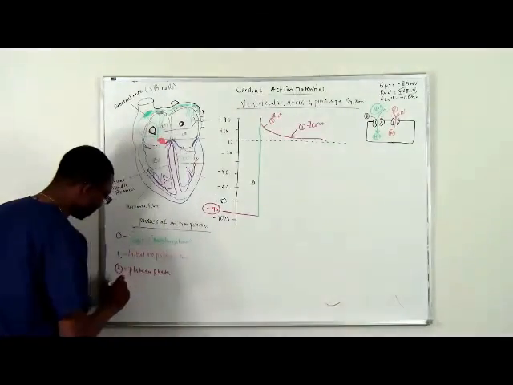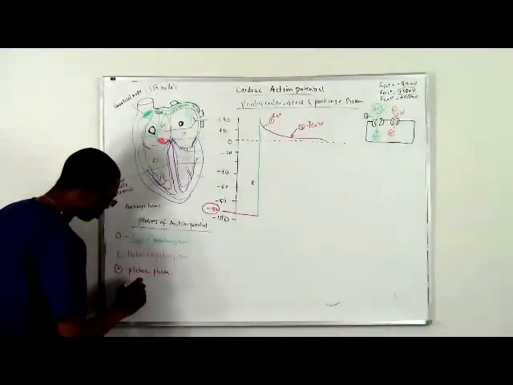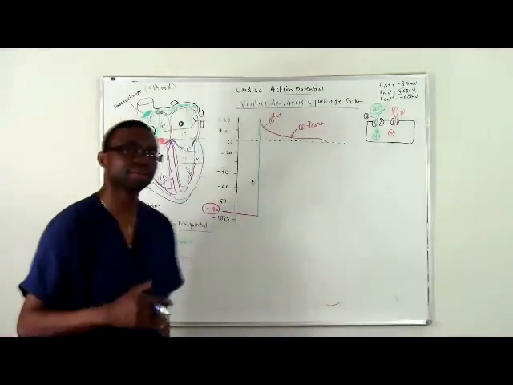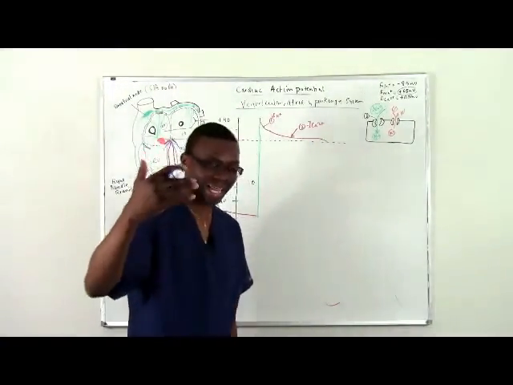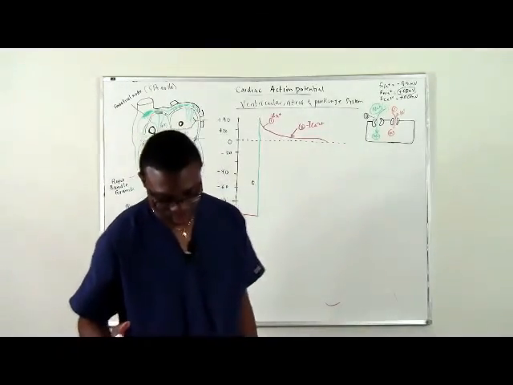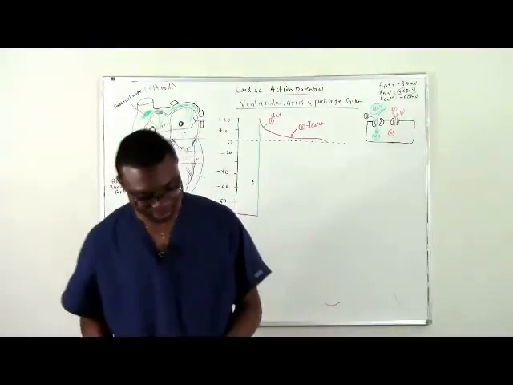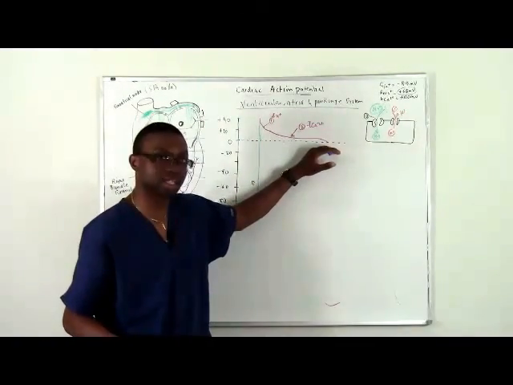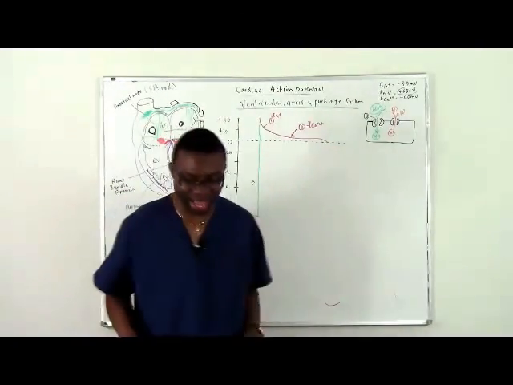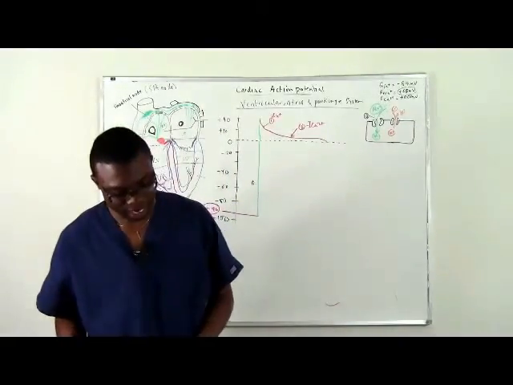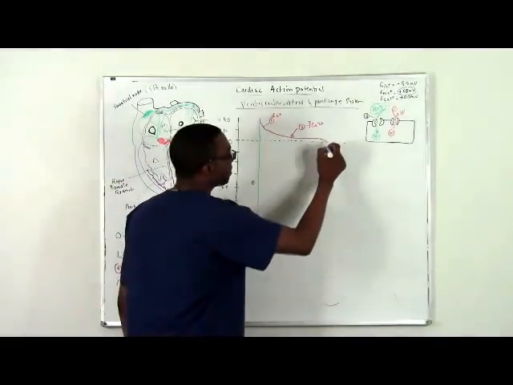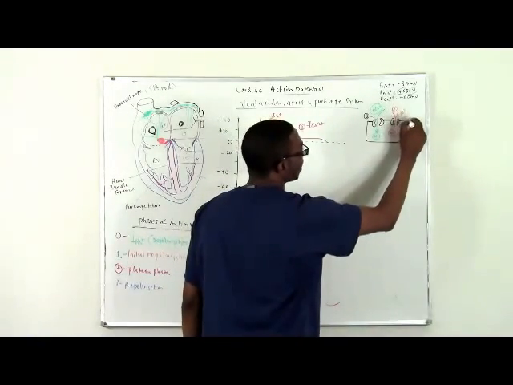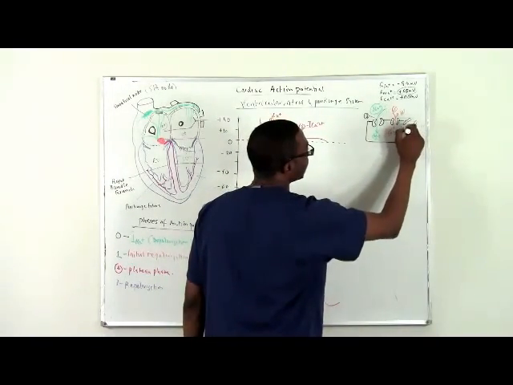What happens in repolarization? Potassium is going to leak out. So what happens in phase 3? Well, calcium conductance inside the cell is going to stop, and potassium conductance is now going to increase. So we're going to have this nice channel for potassium to open up.